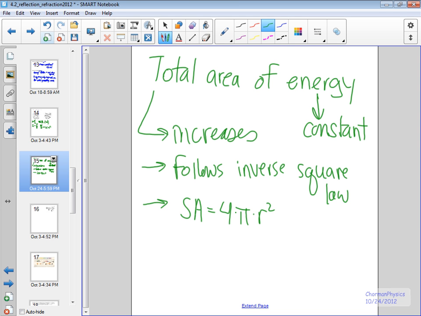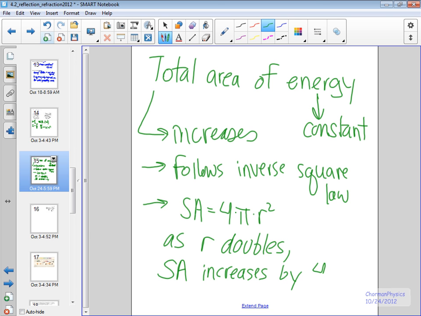Okay? So as the distance from the source doubles, as r doubles, surface area increases, sorry about that, by 4 times.